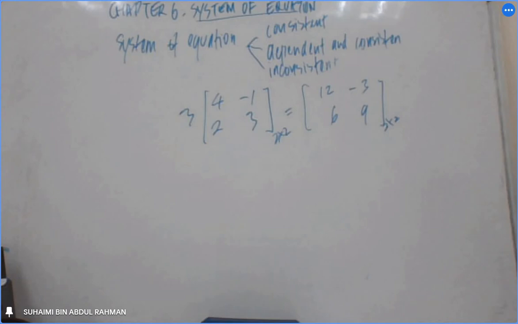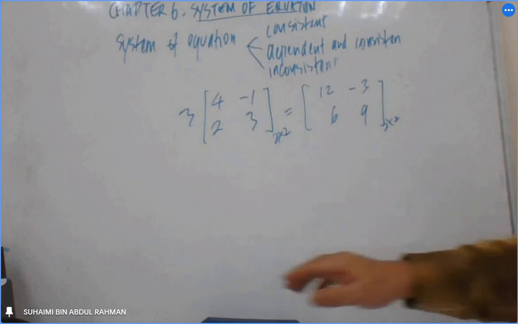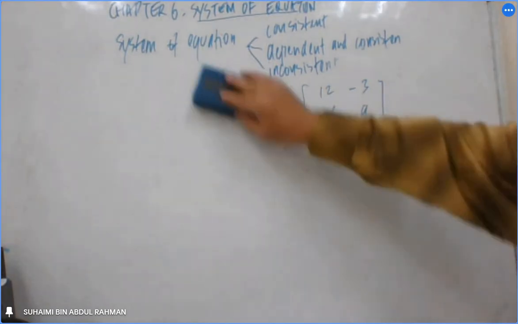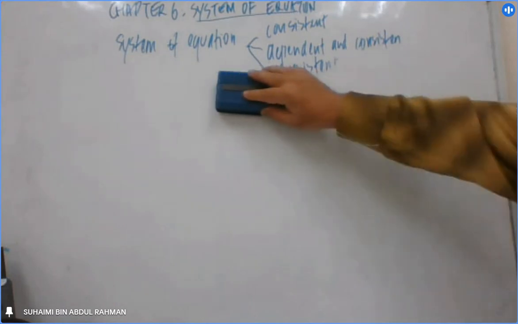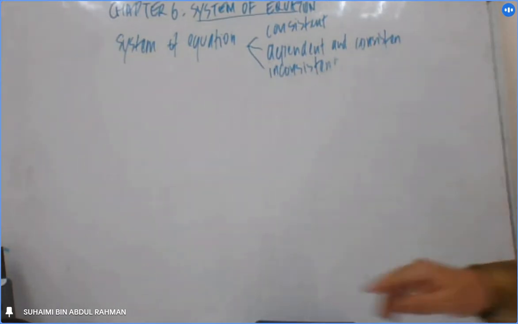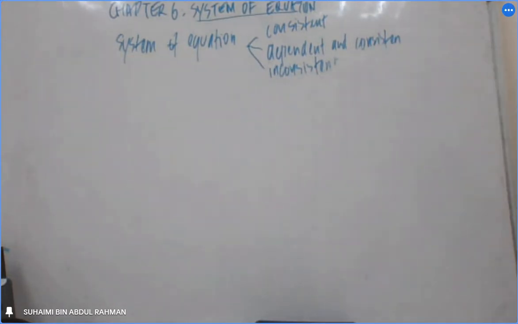Then we multiply between 2 matrices. Before we looked at addition and subtraction, and now we look at multiplication between 2 matrices.